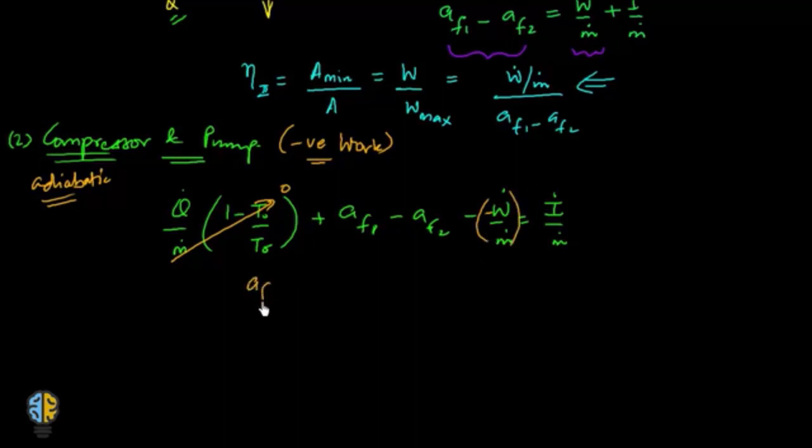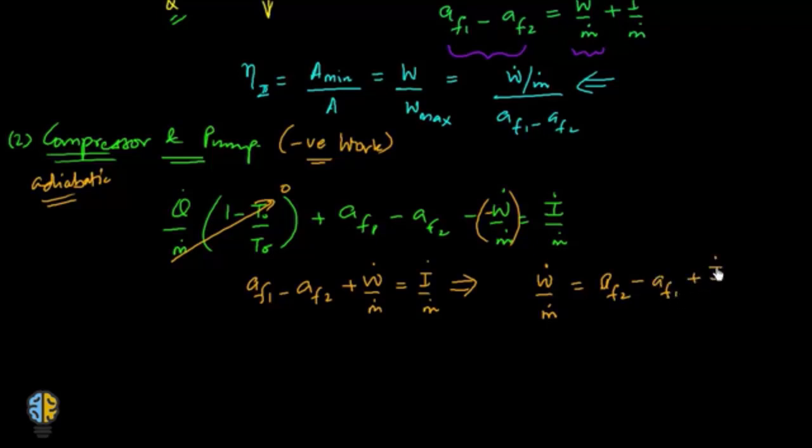So you will get AF1 minus AF2 plus W dot upon M dot is equal to I dot upon M dot. From here you can say that W dot upon M dot is equal to AF2 minus AF1 plus I dot upon M dot. So this is what you get for exergy balance in the case of a compressor and a pump.